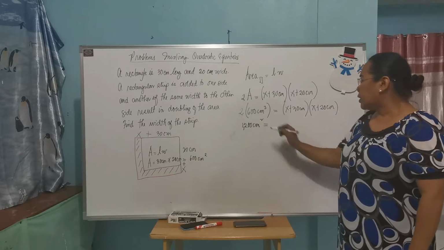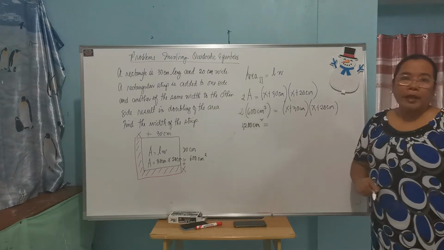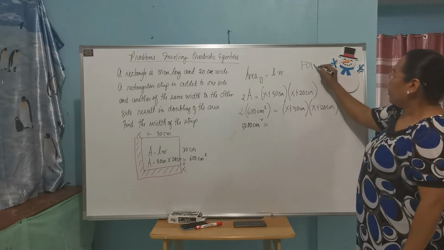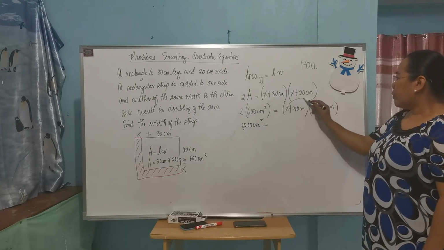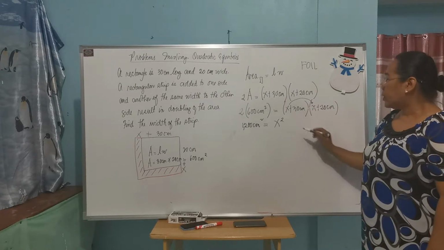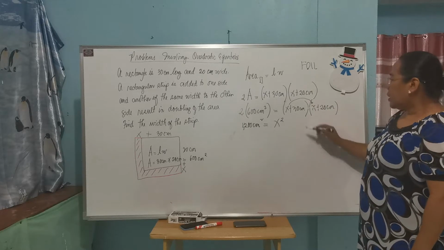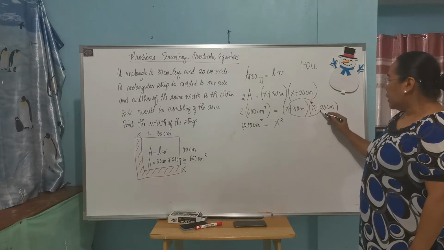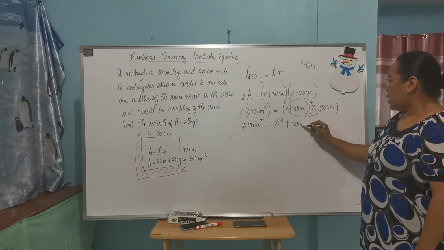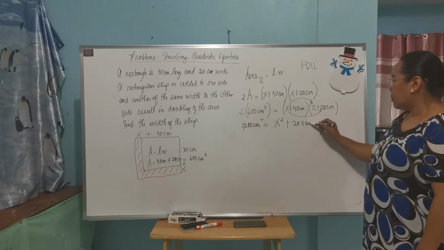And then on the right side, we are going to apply the FOIL. What does the FOIL stand for? Okay, so we multiply the first and the first term. So x times x would give us x squared. O stands for the outer and the outer term. So x times 20 would give us 20x centimeters.